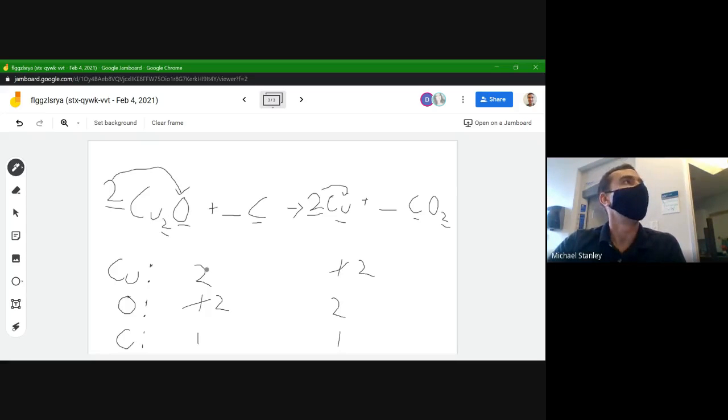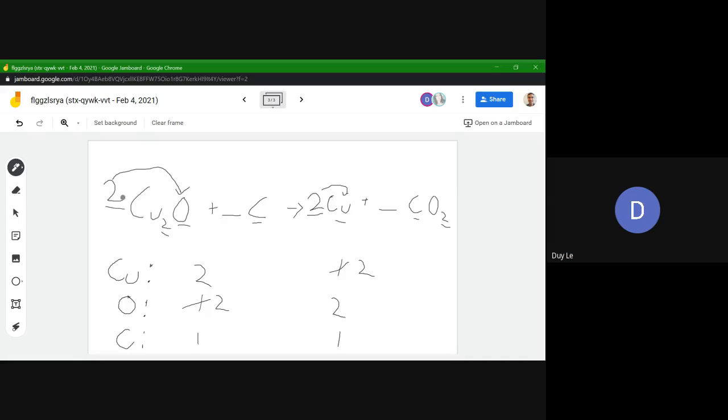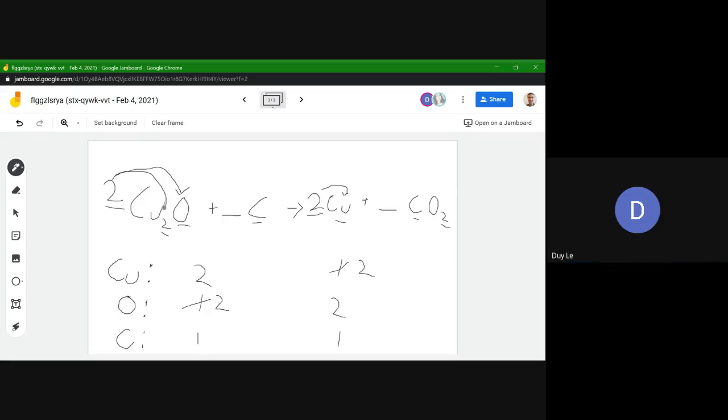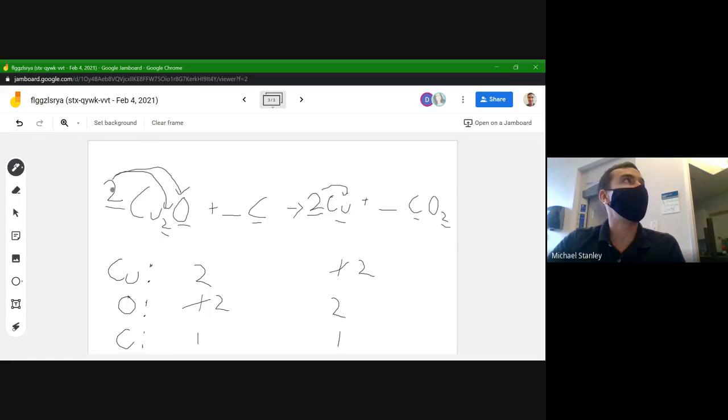That's good. But what happens when we put 2 on the reactant? We need to multiply Cu, and we got 4 Cu on the reactant. Exactly. Now we have 2 times 2, like Dewey was saying, we've got to multiply.